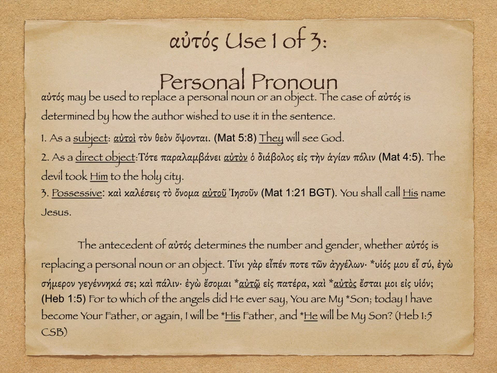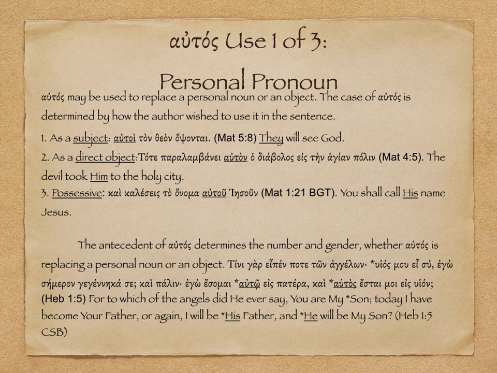Not necessarily the case though, because the case, auto, what case is that? It's dative, and dative singular, I will be to him a father. And that's how autos is being used as a dative and indirect object. Huios is the antecedent, and the antecedent is determining the number and gender. The case, though, is determined by, again, the function in the sentence, how the author wants to use it. Notice in the second use of autos, kai autos estai moi eis huion. Here, the antecedent is still huios.